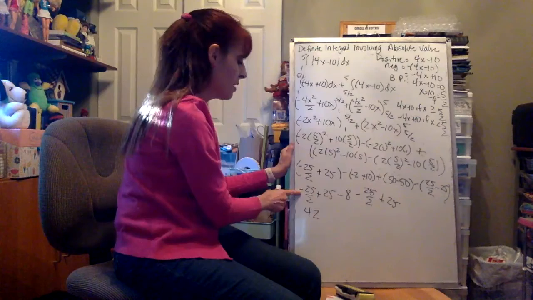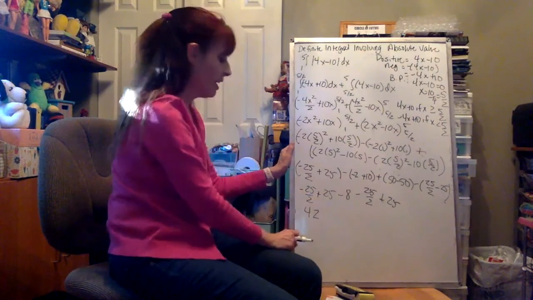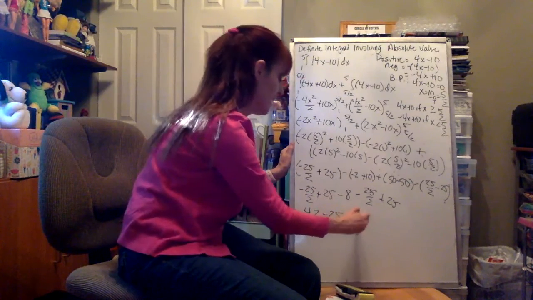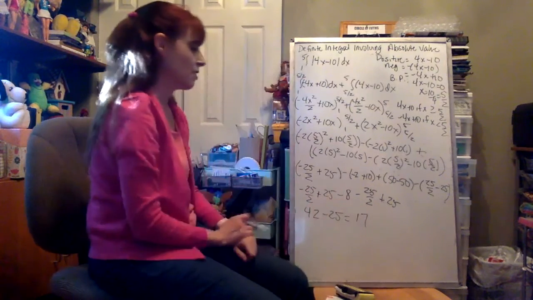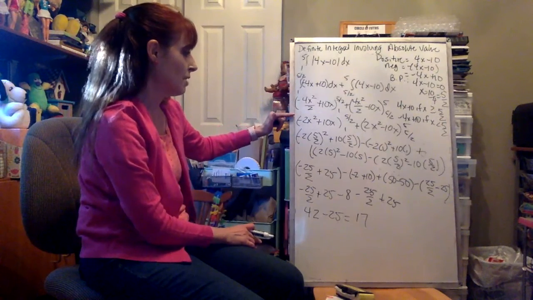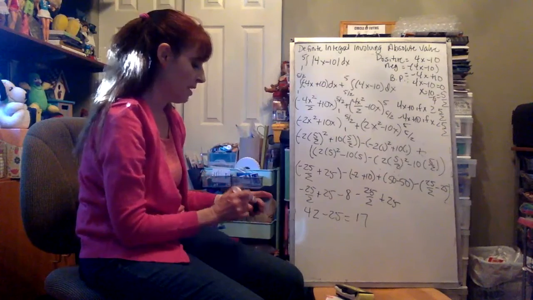And then negative 25 halves minus 25 halves, that would be negative 50 halves. So that's minus 25, and this is 17. And that's our correct answer there. So really, the integration part took this much, plugging and evaluating took this much. So that's usually the hardest part on this.